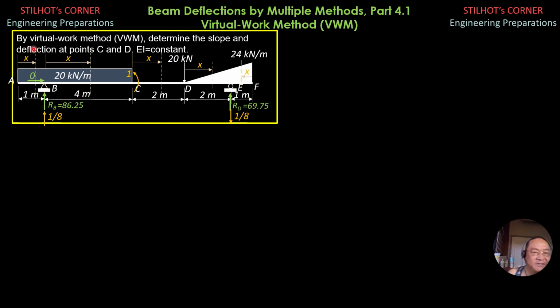So for the first section, it is 0 because small m is 0 here. We proceed to this section here.